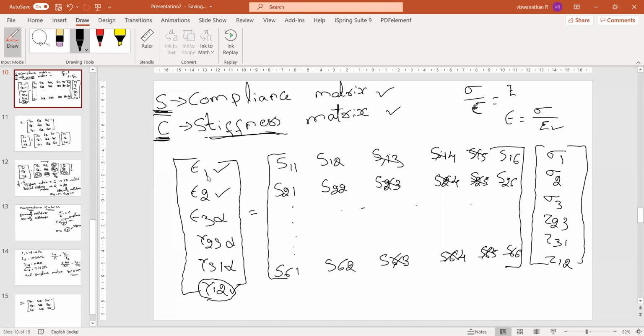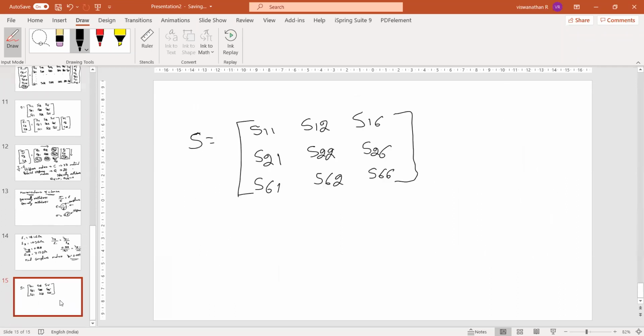So only these will be there. We write S61 and not S31. You follow this order. That is why in this matrix it is S61, S62 and S66. Understood?